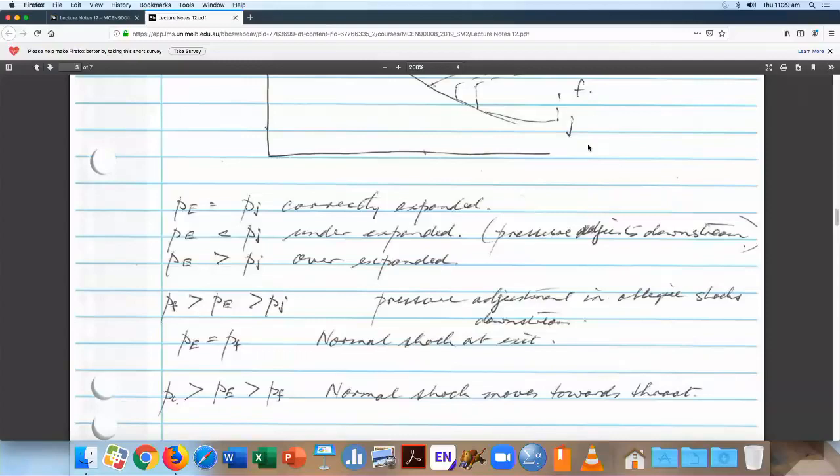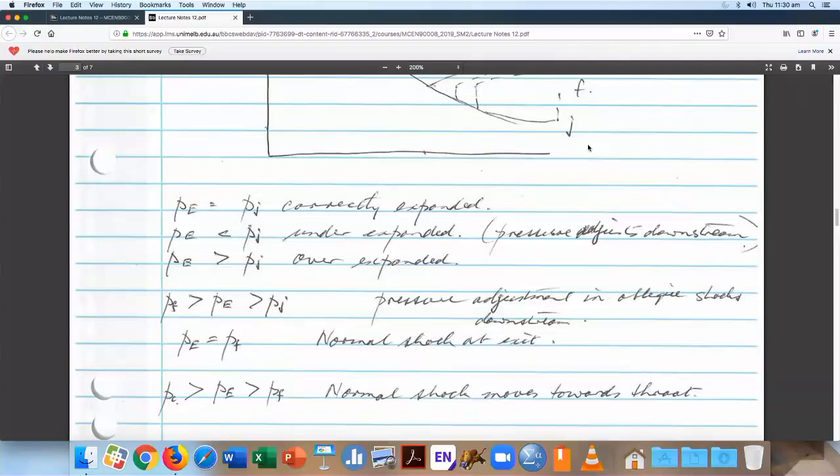So that's this idealized case where I have a slip line between the fluid that's coming out, and it'll have the same static pressure as at the exit, unless the flow's not parallel at the exit. But if it's parallel at the exit, then you'll have this PJ. And you'll have parallel flow, slip line, and the same pressure outside, static pressure. So that would be the case of a correctly expanded supersonic nozzle.